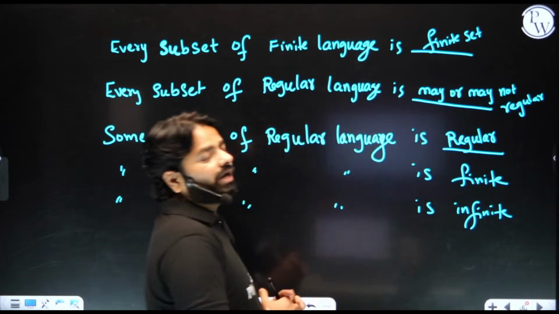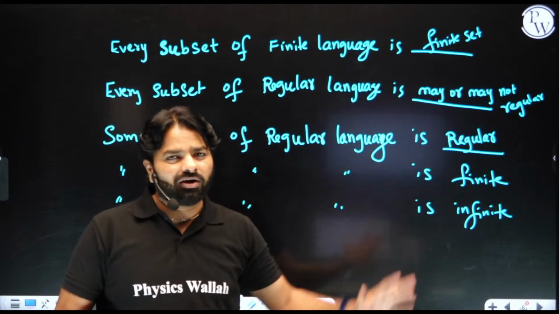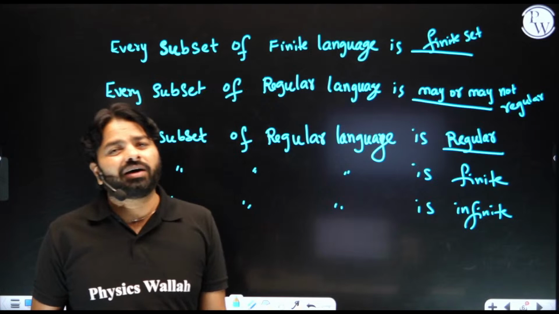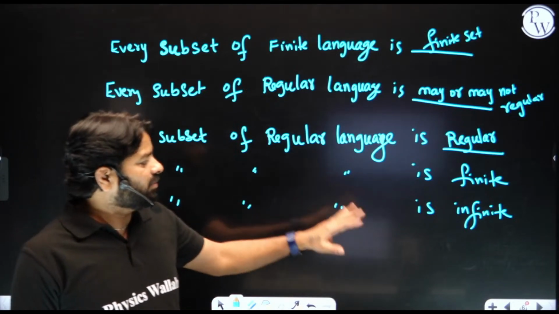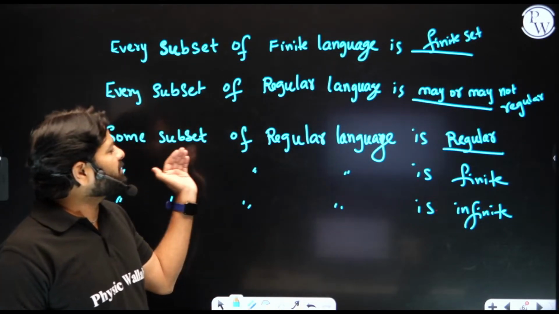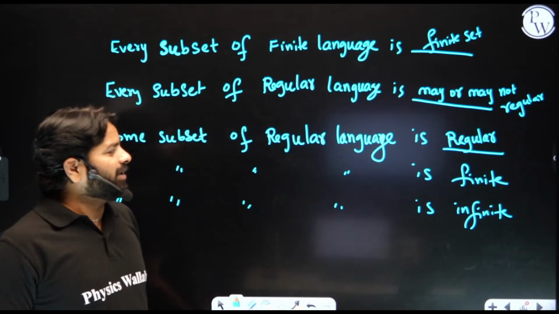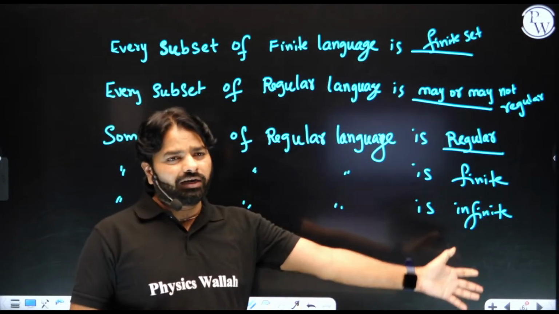In general it is true that some subset of a regular language is possibly non-regular. But if I give you a particular regular language, can you say some subset of it is non-regular? It may or may not be possible. That's why I'm not writing the last line. In the context of some regular language, some subset being non-regular is possible. But if I give you, let's say, a finite language, some subset of that finite language, you cannot write non-regular.